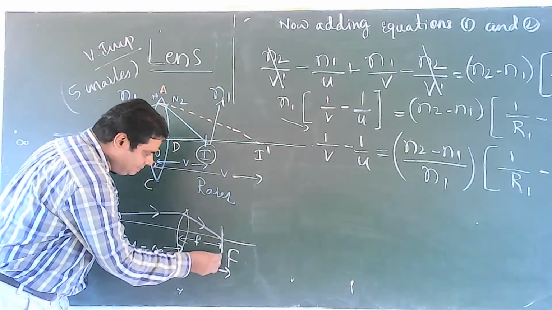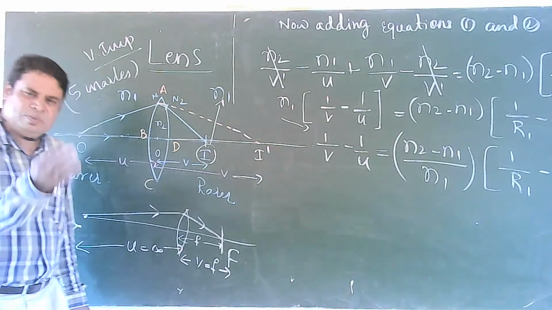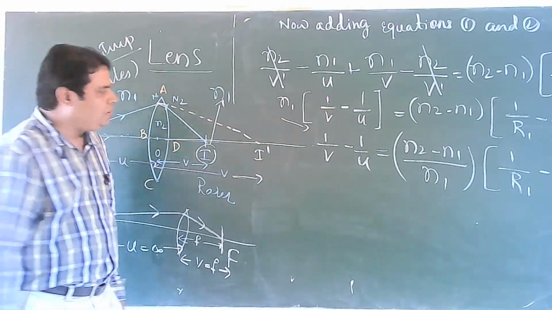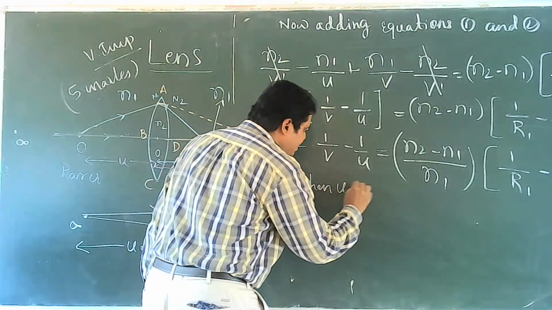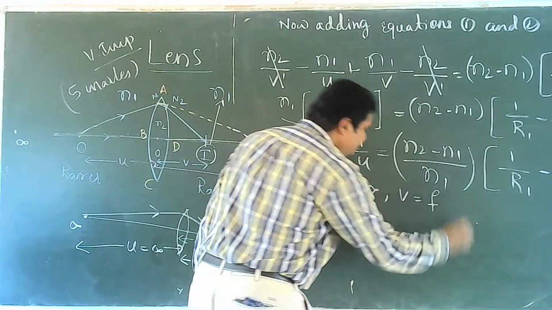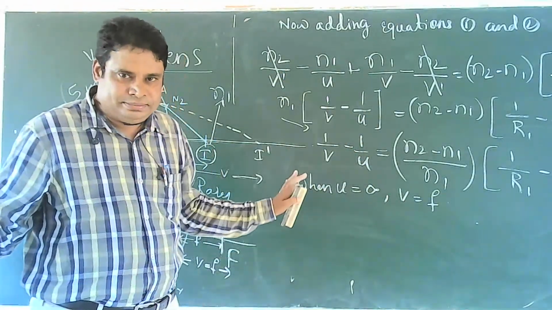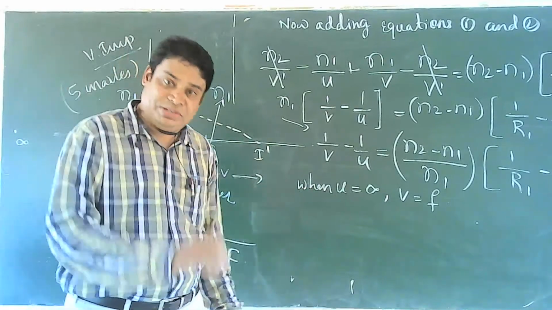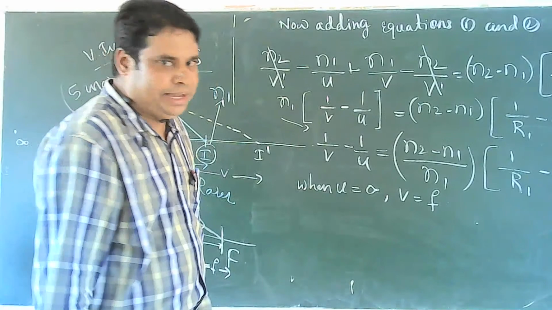The distance between the principal focus and the optical center is the focal length. So, when u is equal to infinity, v will be f. Remember, no sign convention I used here. We can solve by using sign convention also, as we explored. Repeatedly I am telling you.